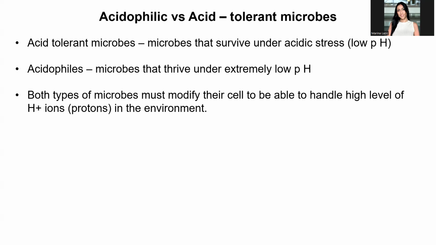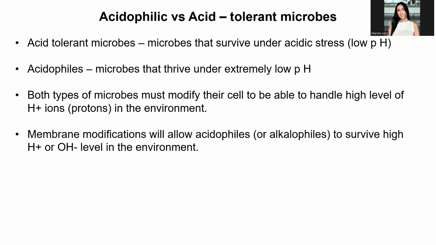What is common to those two types of microbes is that both of them modify their cellular membranes to be able to tolerate a high level of protons in the environment. Some of them evolved that long ago, and some of them learn how to do it and develop certain adaptations.